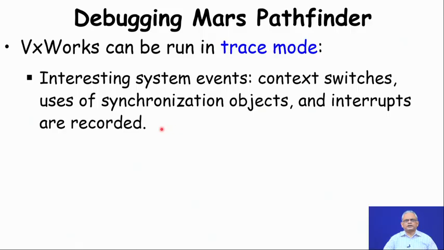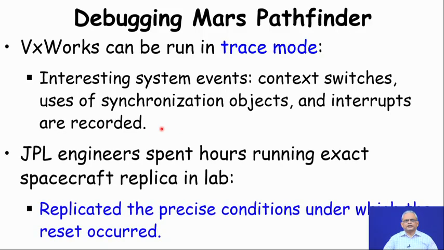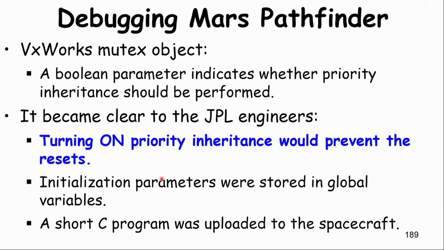All these they could see. And finally, after several hours of working with the replica of the Pathfinder, they could converge on the precise conditions under which the reset occurred.